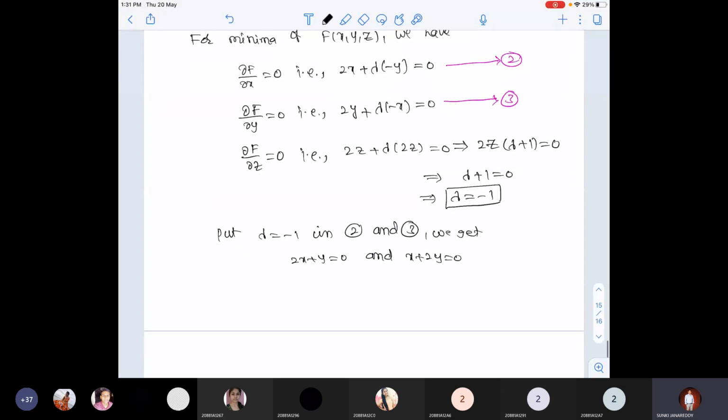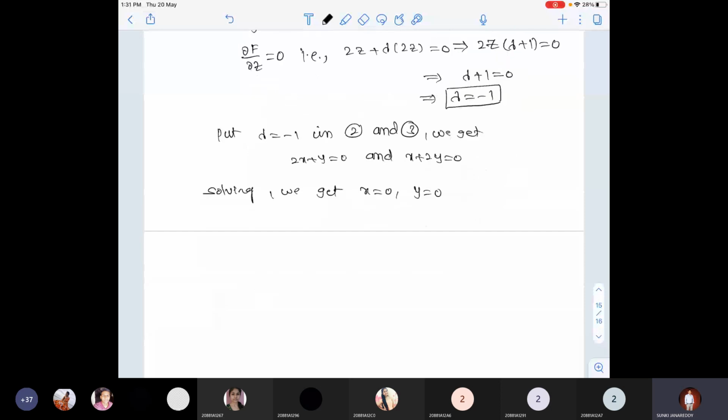These are the equations, right? Solving these two, we get x equal to 0 and y equal to 0.